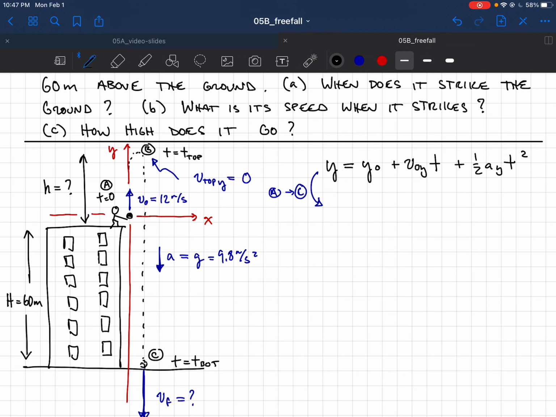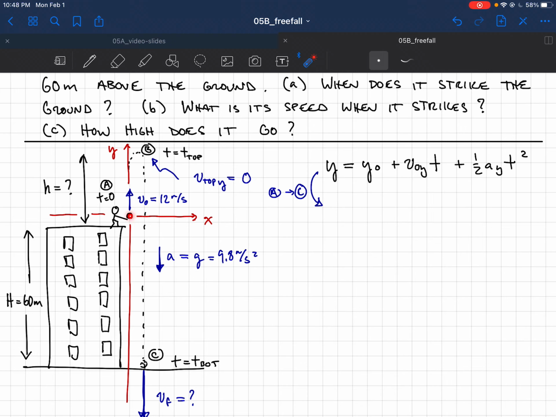So y final is our first quantity here, and that means the y value at position C. So take a moment and figure out what that y value is. Notice this is my coordinate system here.